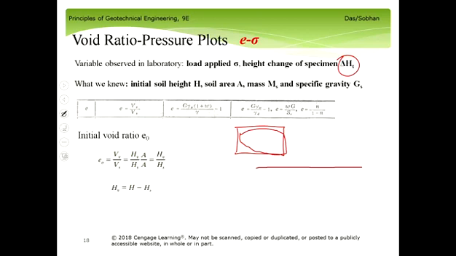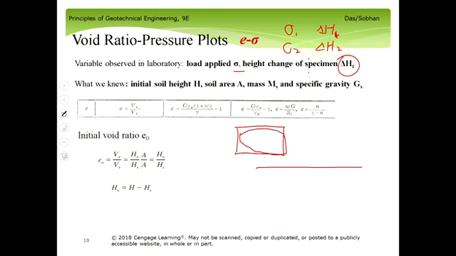We do not directly use sigma and delta H, because we have sigma 1, delta H1, and sigma 2, delta H2, and so on. Why can soil be compressed, why does delta H happen? That is because the voids were compressed, right? Soil particles can never be compressed.